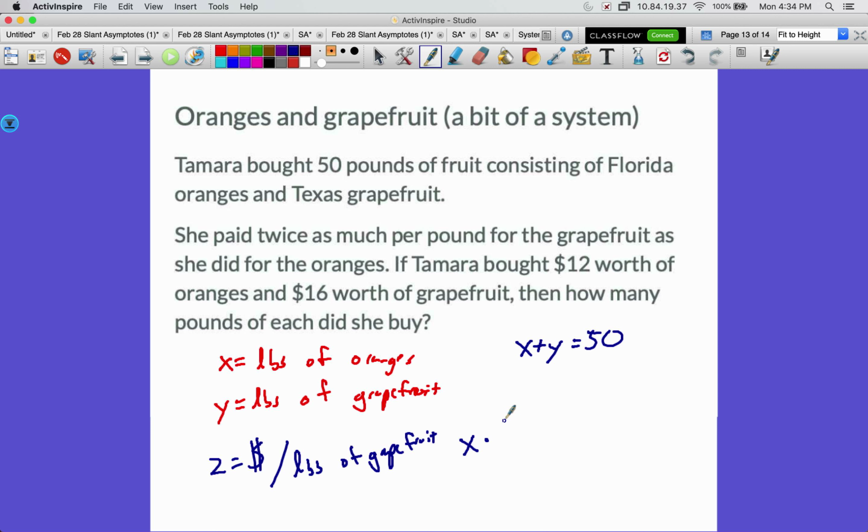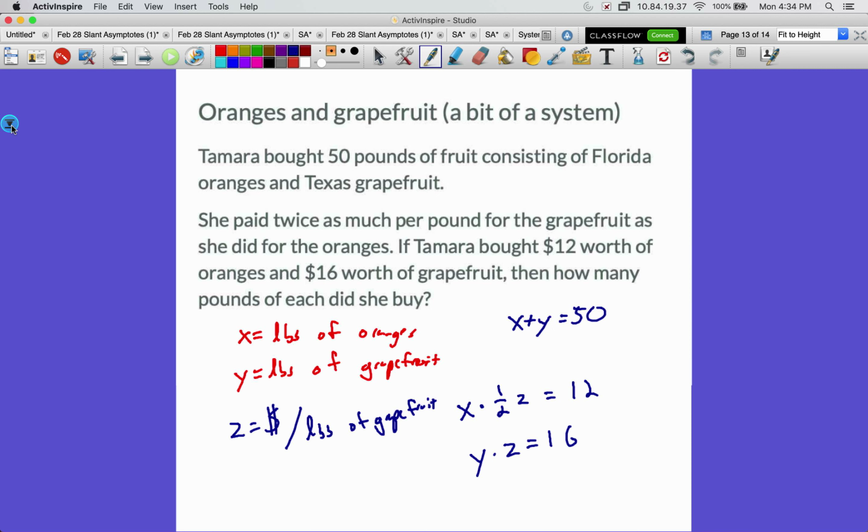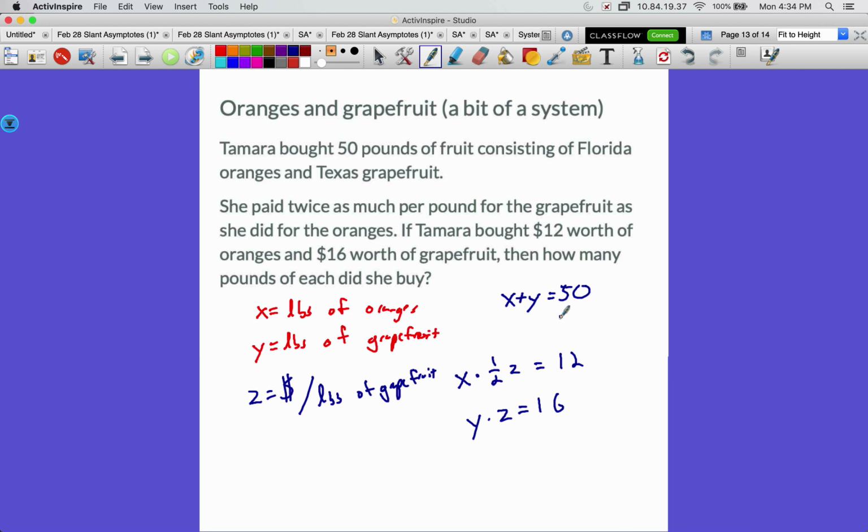So they were 1/2 Z for their price, half the price of the grapefruit, times my oranges equals $12. And then Y times Z equals $16. Now I've got 3 equations, 3 variables.